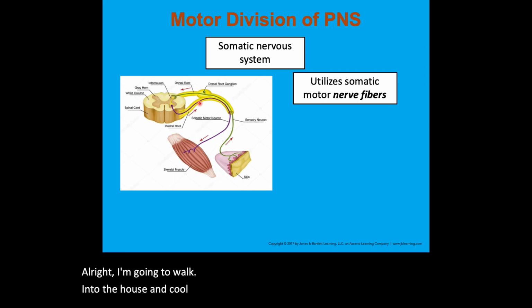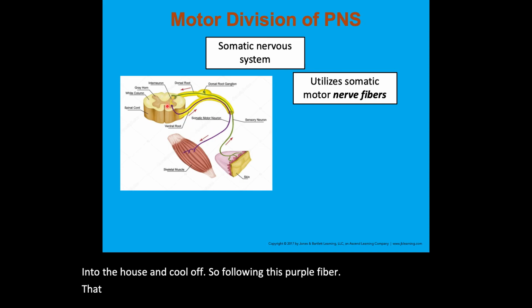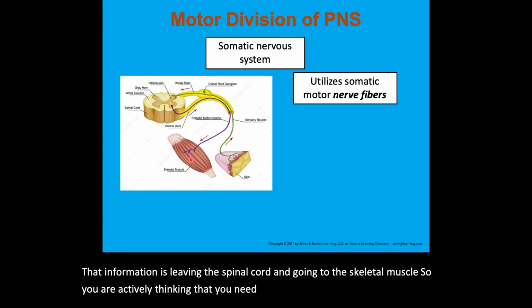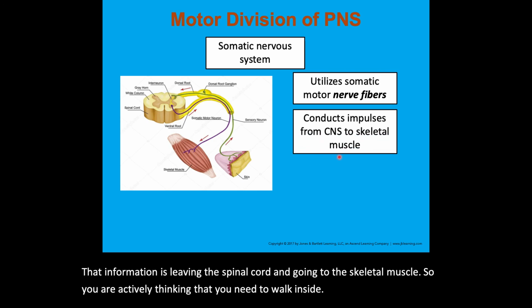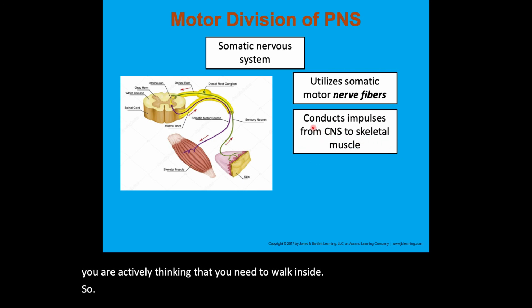So following this purple fiber, that information is leaving the spinal cord and going to the skeletal muscle. So you are actively thinking that you need to walk inside. So this aspect is conducting impulses from the central nervous system to the skeletal muscle.